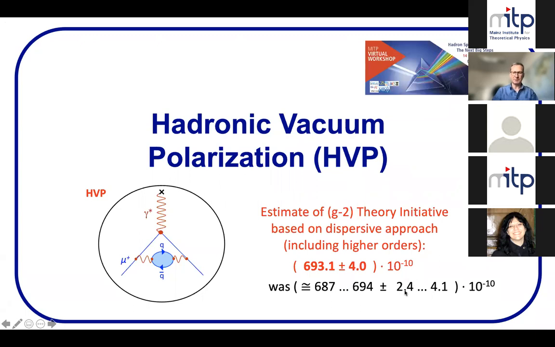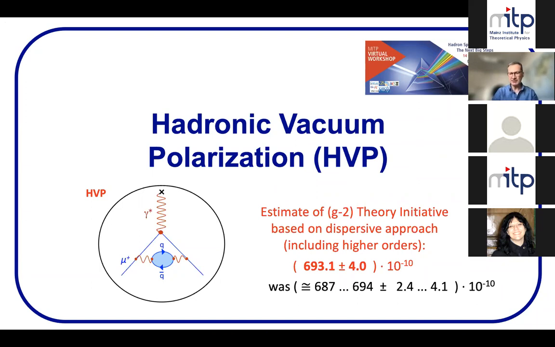So one can say it's a conservative number. The reason is that the various groups which individually calculated this contribution had inconsistencies in the statistical treatment, and therefore one decided to have a relatively large uncertainty here.